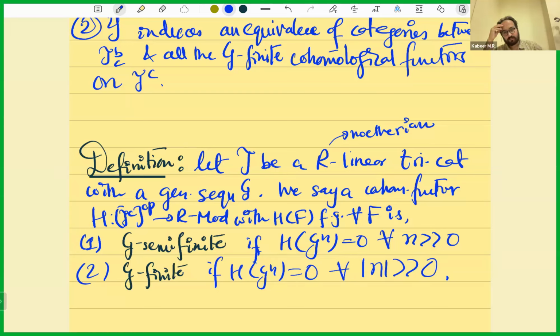And what's the use of G semi-finiteness? The point is that it's always interesting when you can represent these cohomological functors by still small objects of the triangulated category.